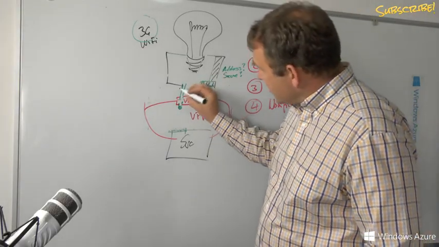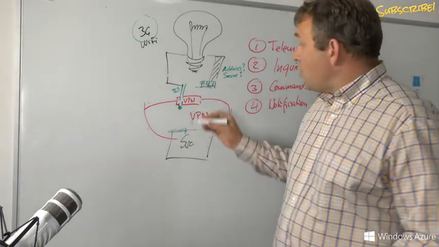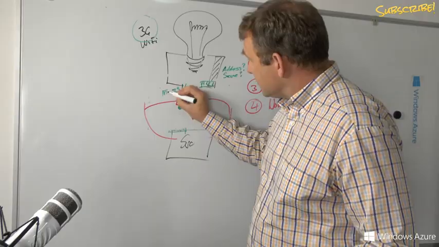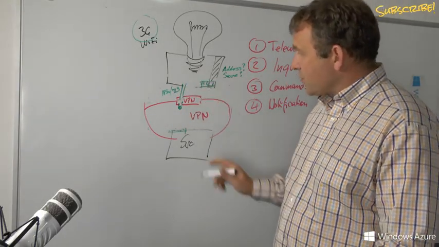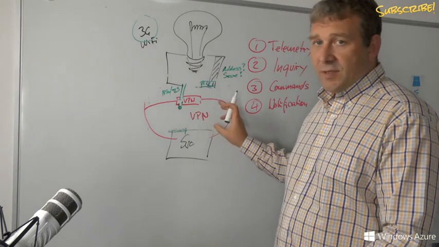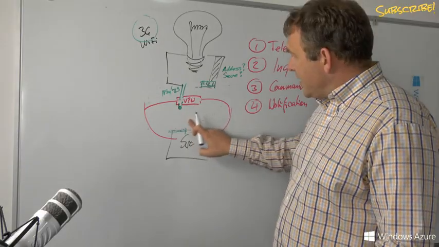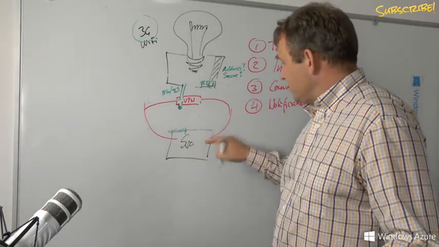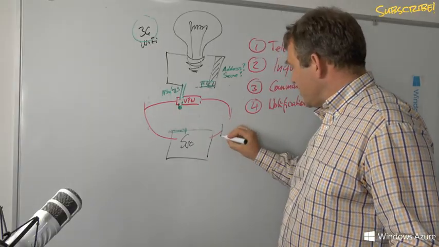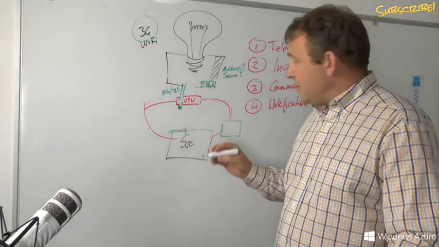So you have a secure tunnel, secured by transport level security or by IPsec. A tunnel that goes from the device through the VPN gateway into this space here, and that's your private network space. In that private network space, you run extra services on the side that allow you to treat this device like in any private network space.